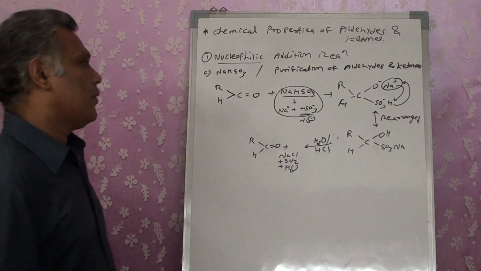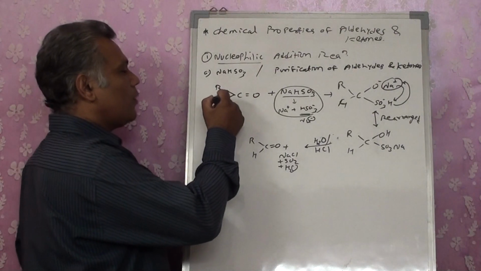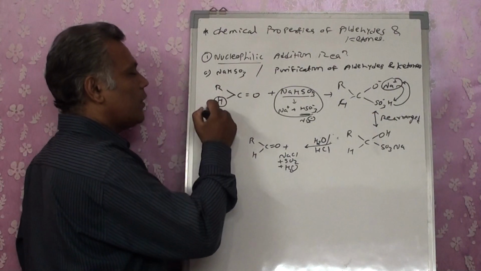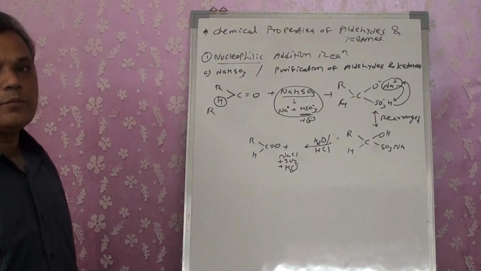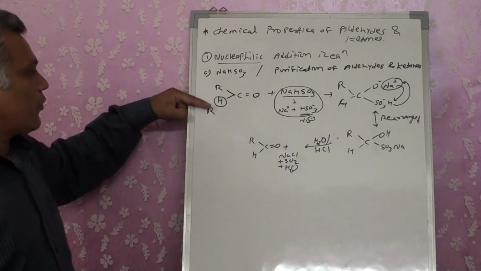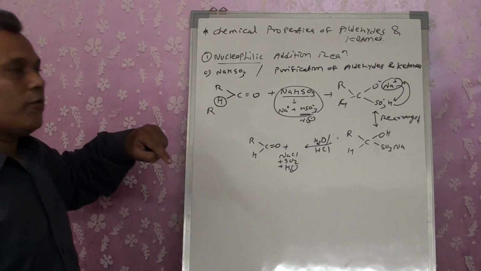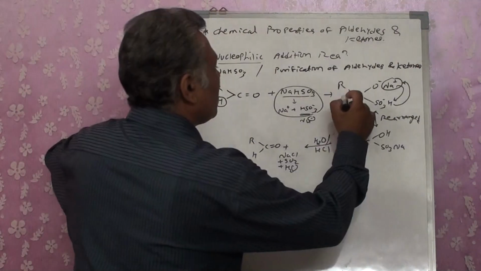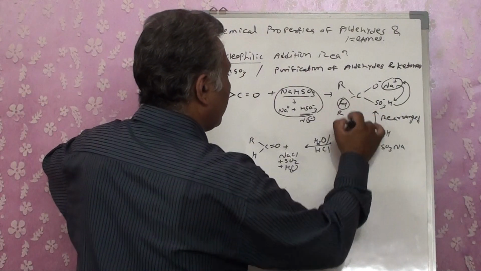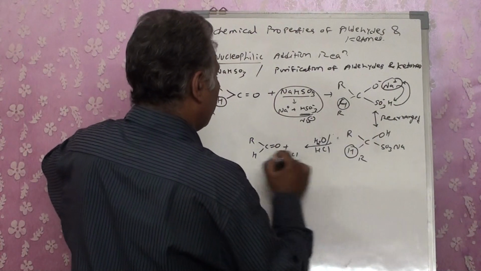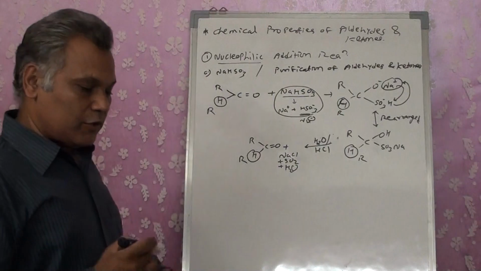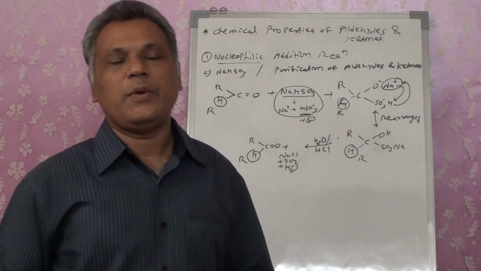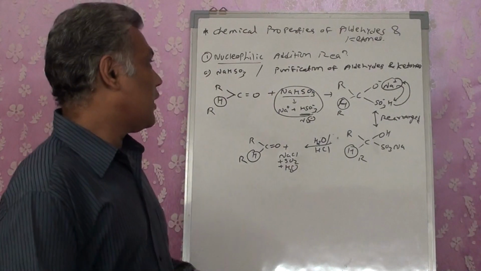Very small thing. I am not writing it again, but you can remember that in place of H, if I put R, it will become ketone. Then what will happen? The reaction is not going to have any change. It's going to proceed in the similar manner. Same steps, same products, same interchanges are taking place.